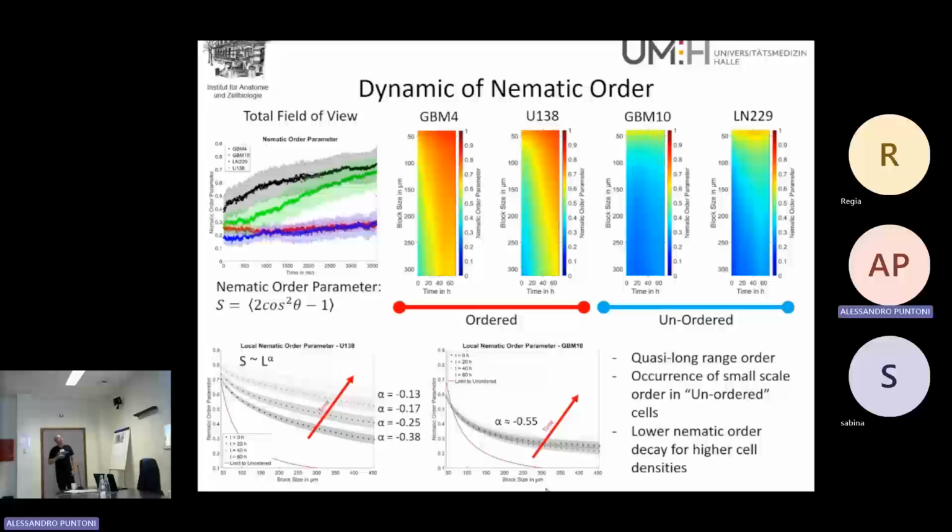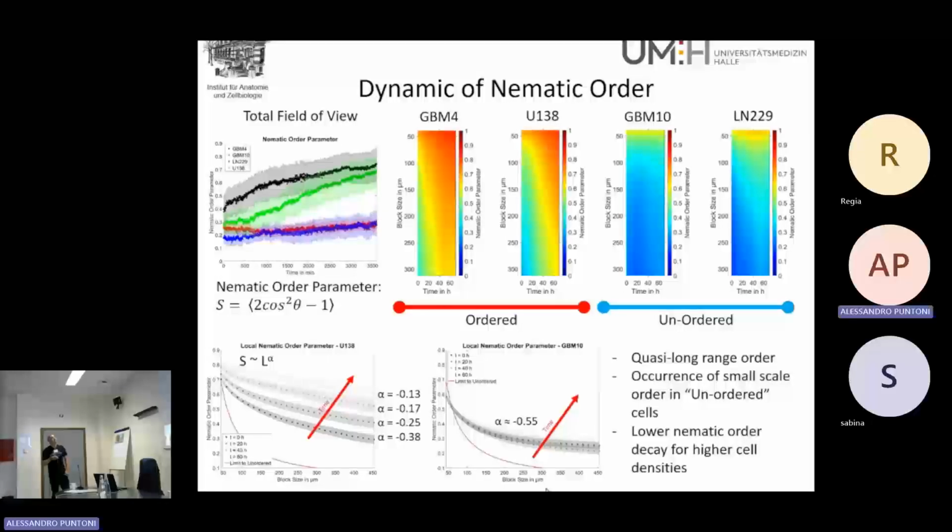As we looked at the two cell lines here that show signs of this self-organization and alignment, as expected, we see a gradual increase in the nematic order parameter, while for the two cell lines where we did not see initial signs of self-organization, we still had a non-zero nematic order parameter, but it stays rather constant.